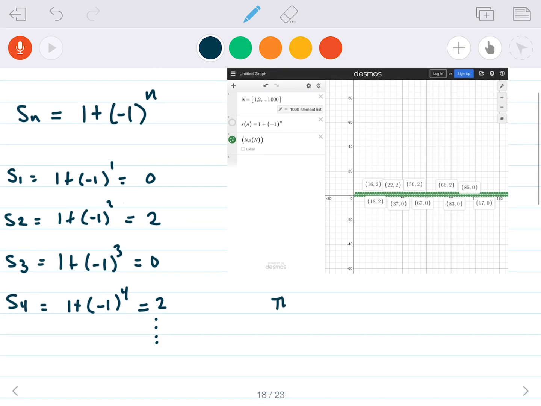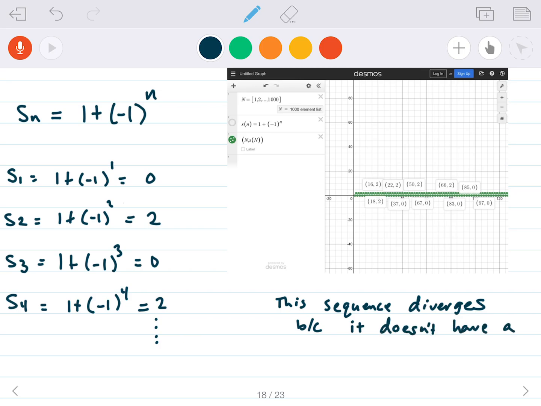So this sequence diverges, because it doesn't have a limit.